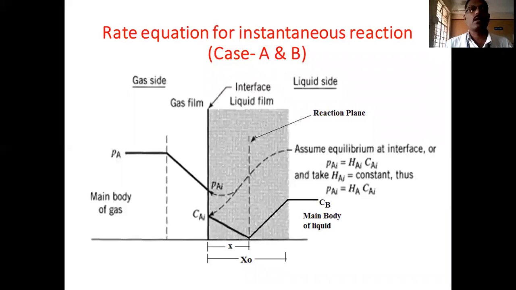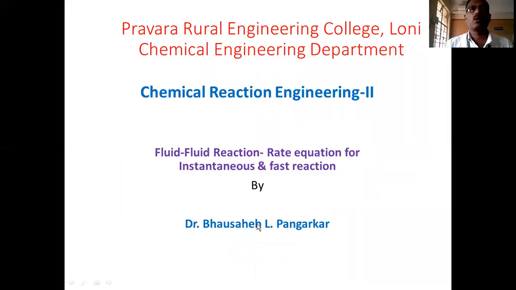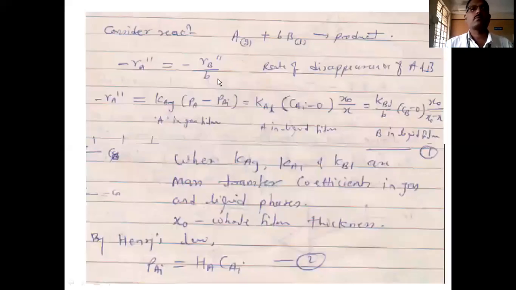For B, minus RA is equal to minus RB upon b, so with respect to B we write minus RA as minus RB divided by b, where minus RB is KBL into CB minus 0.